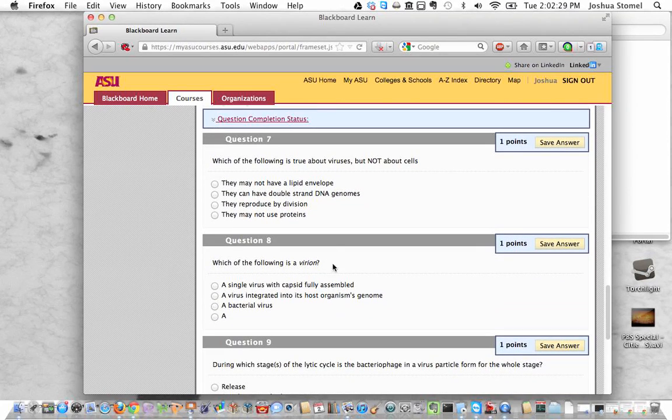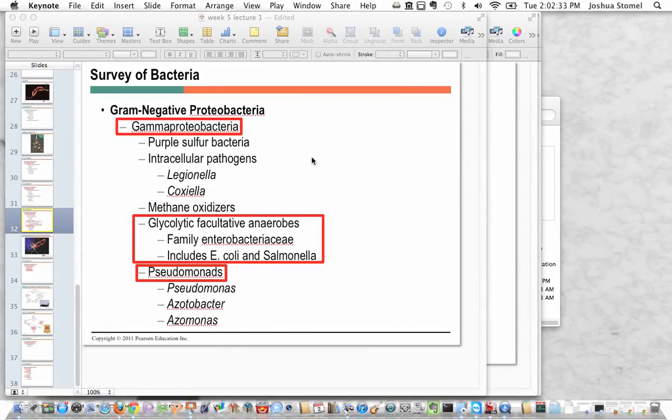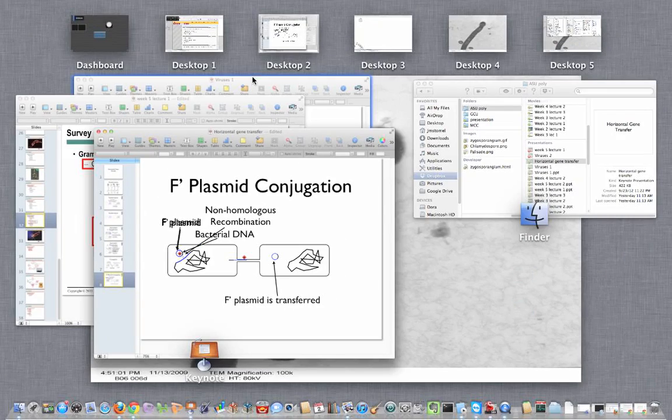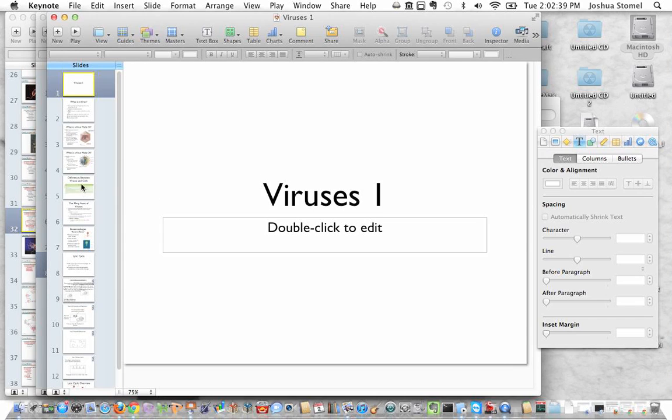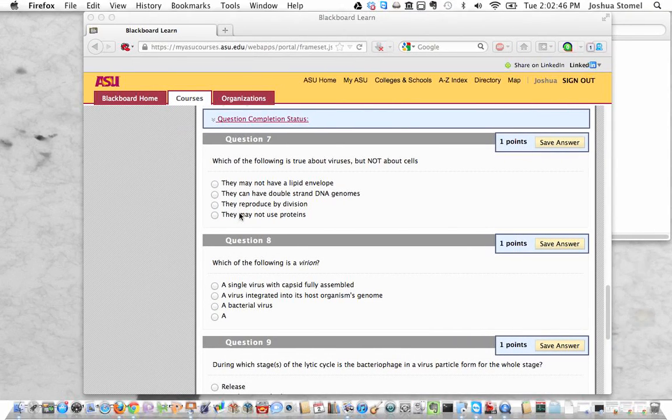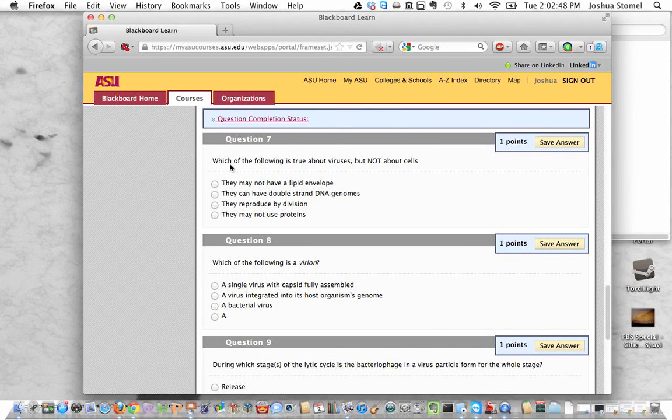So which of the following is true about viruses but not about cells? So this goes back to our table comparing and contrasting the differences between viruses and cells.